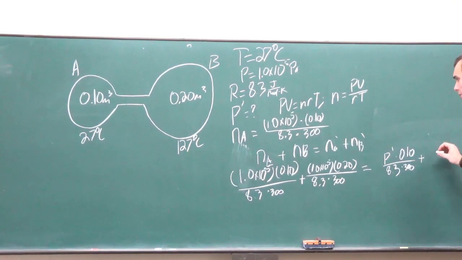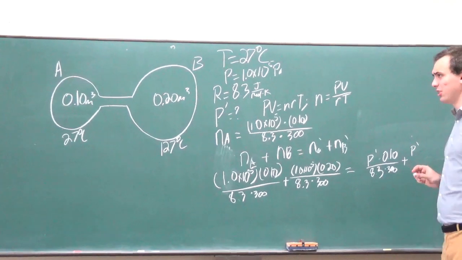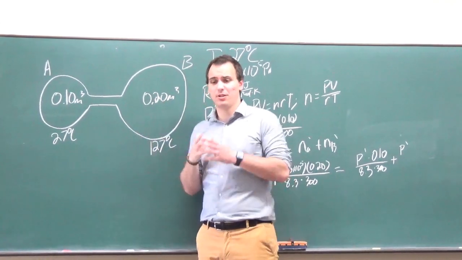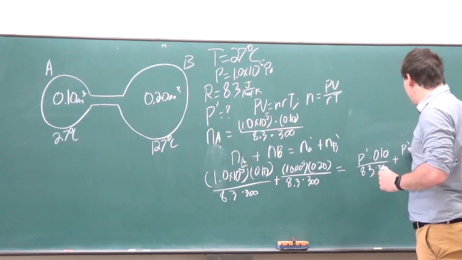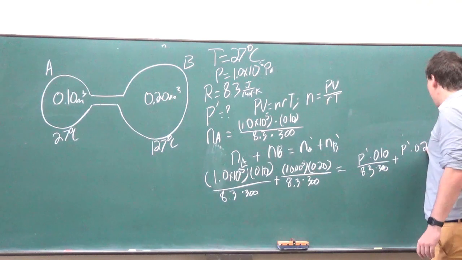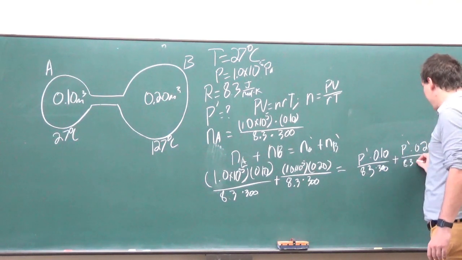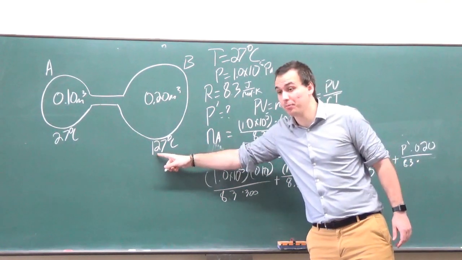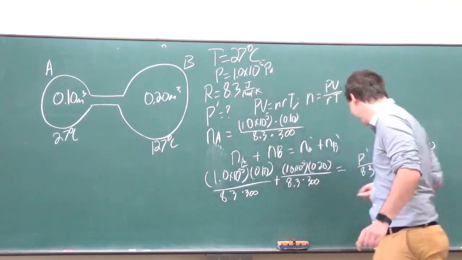Same process over here. The pressure is the same because since these are one system, the pressure has to be the same throughout, times 0.20 over 8.3 times 127 plus 273, 400.